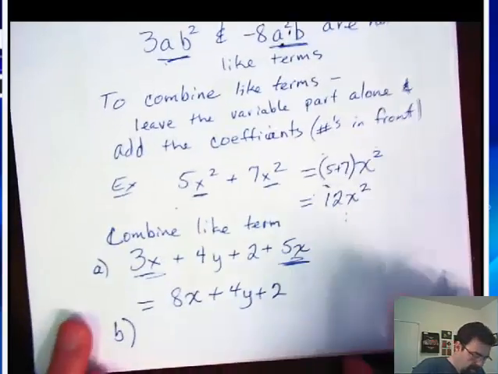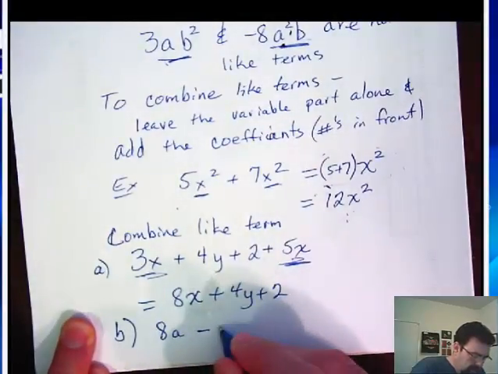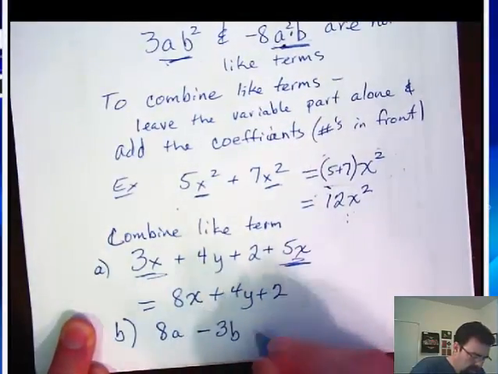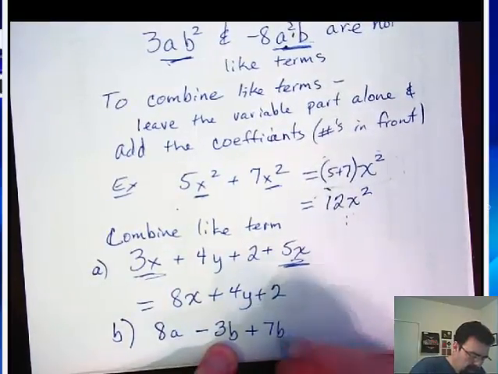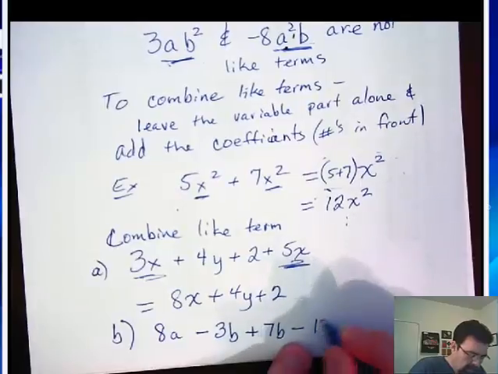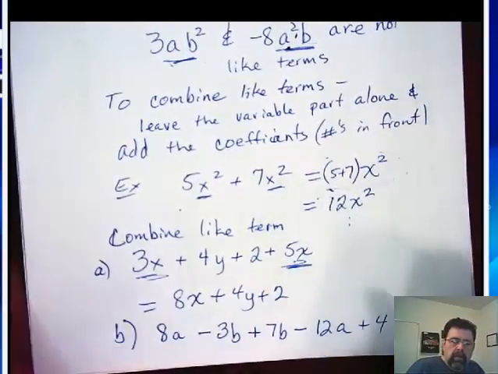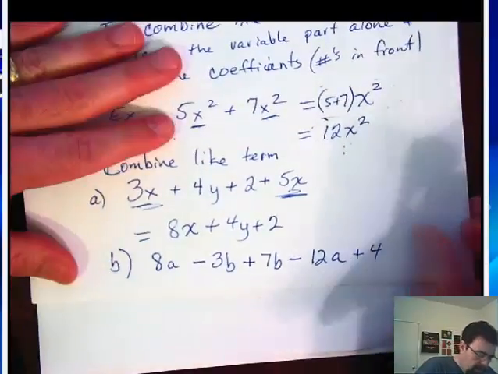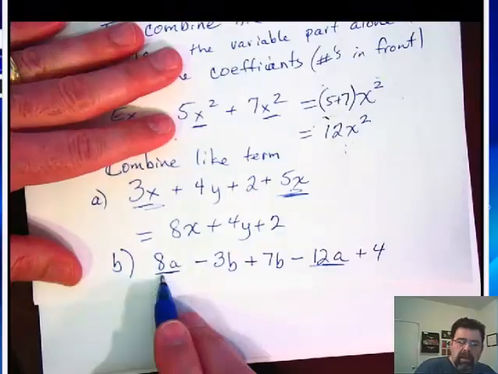Okay, so if I had 8a minus 3b plus 7b minus 12a plus 4. So our like terms, we've got the a's. So I got positive 8.